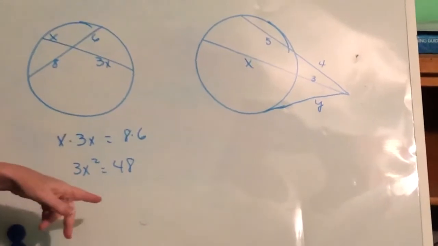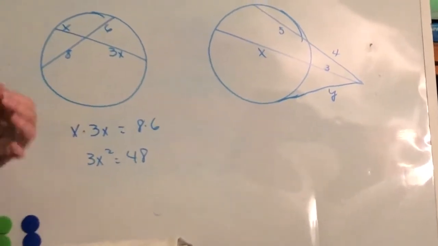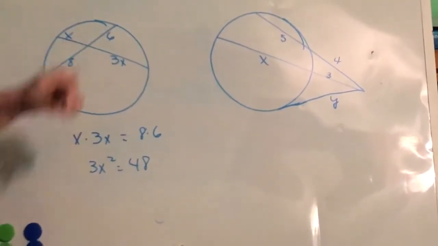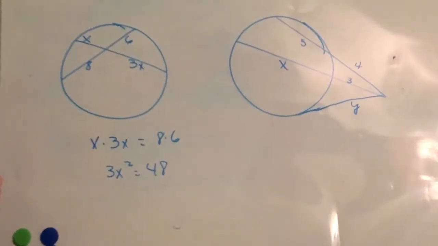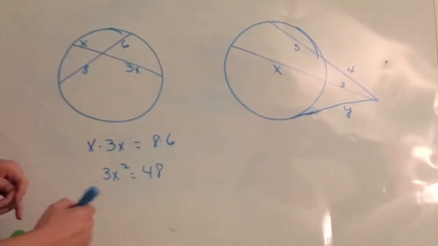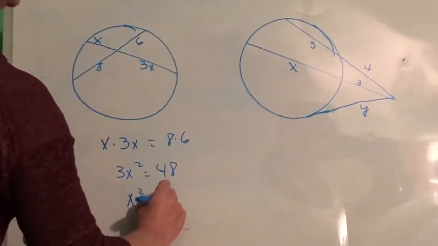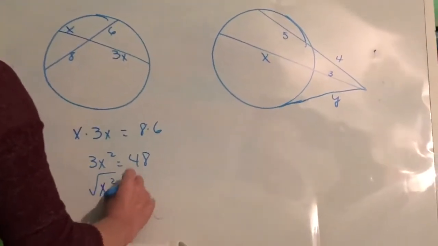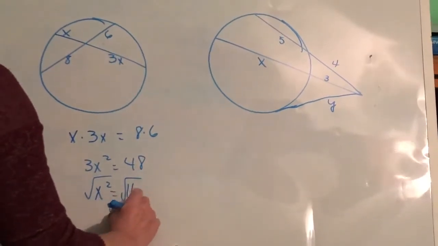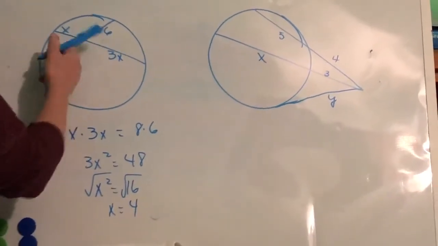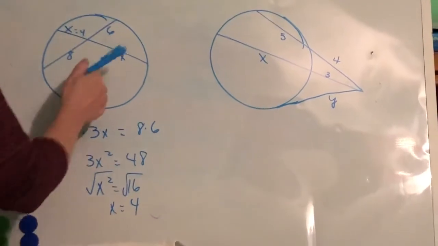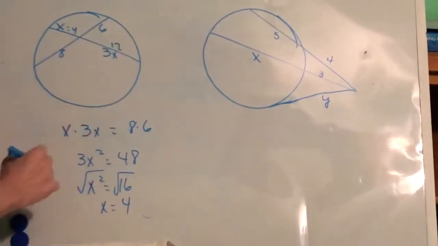Now sometimes you'll need to factor. If you get more than one answer and one of them's negative, remember these are lengths. You'll have to throw it out, unless this is a square up here or something like that. So dividing through by 3, we're going to get x squared is equal to 16. Taking the square root of both, then x will be equal to 4, which means that this piece is 4 and this piece is 12.